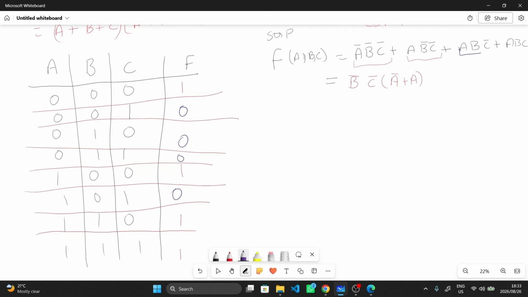And similarly, we can do this here as well. So we can take out AB and we'll be left with C complement plus C. And if you remember, I'm not sure which rule it is, but A complement plus A is 1.